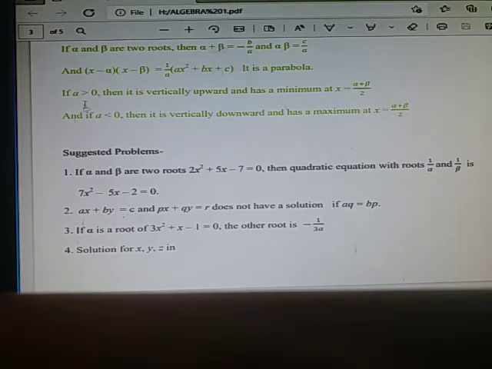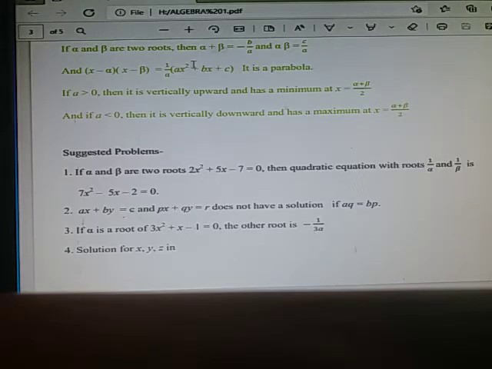It is a parabola. When you have studied parabolas, you know this is a parabola. We can write this as a sum of squares, and its graph is a parabola, with x minus alpha, x minus beta.